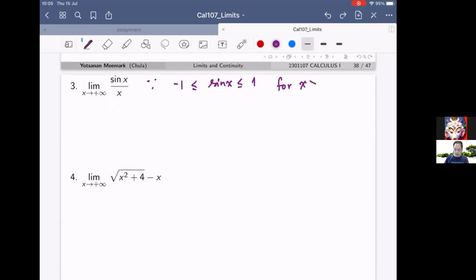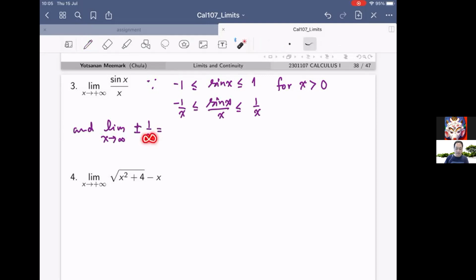So for a positive value of x, you can just divide the whole thing by x, okay? So this one is valid, and the inequality, no need to switch, right? And the limit, as your x goes to infinity, of either plus or minus 1 over x is again 1 over a large number.